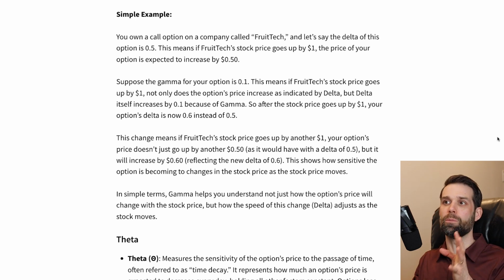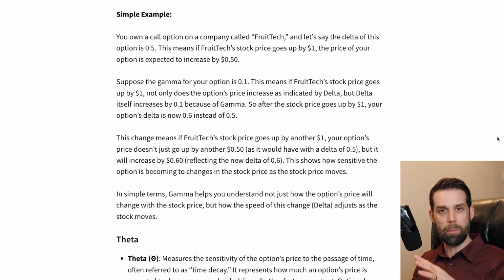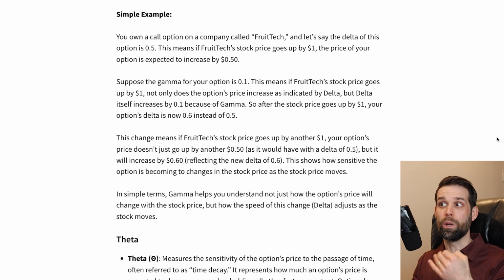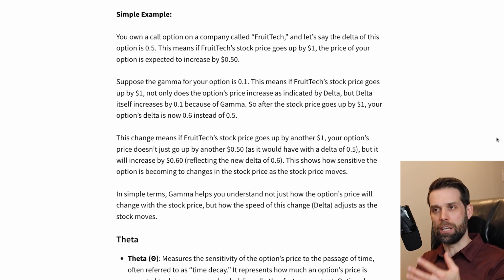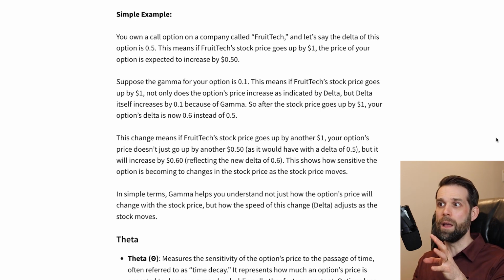So this change means that if Fruit Tech stock goes up by another $1, your option's price doesn't just go up by the original delta as it would have based on the prior rise, but now it's going to increase by even more because gamma's changed delta. It's going to increase by 60 cents, reflecting this new delta.